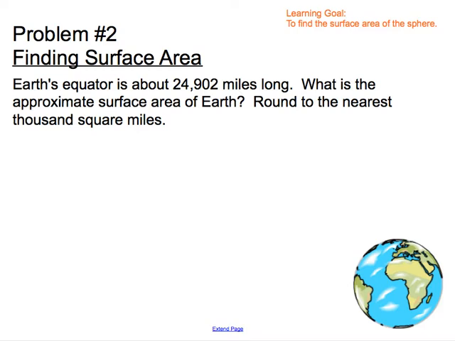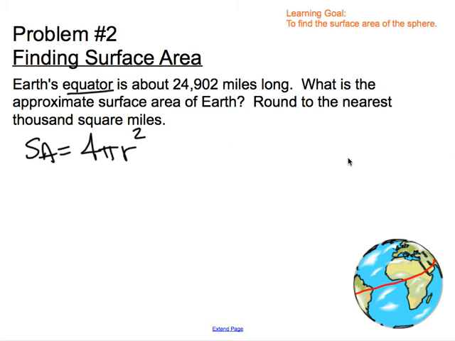We find that the Earth's equator is about 24,902 miles long. So as we go around the Earth, we find that that distance is 24,902. Now, remembering back to the formula, surface area equals 4 times pi times the radius squared.